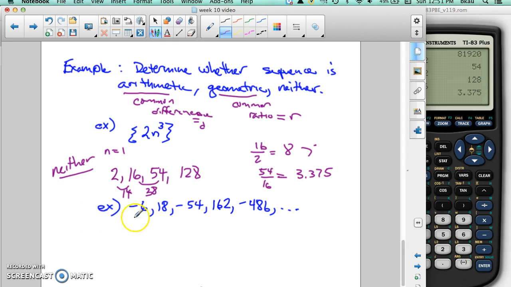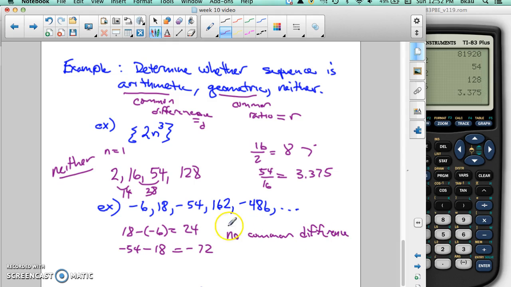Now on the second one, it doesn't look like there's a common difference. Let's look at that. 18 minus negative 6 is 24. And if we take negative 54 minus 18, we get negative 72. So there's no common difference, so it's not arithmetic. Now let's look at the ratios here.